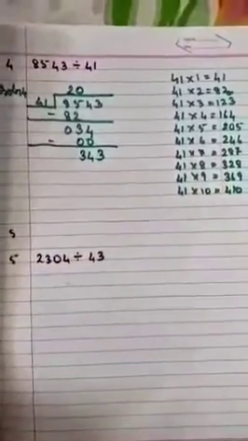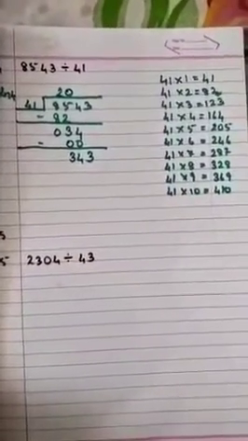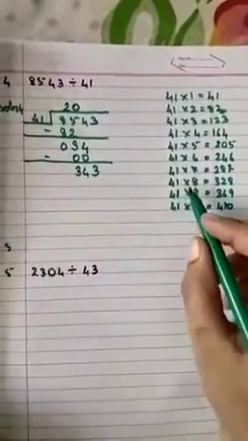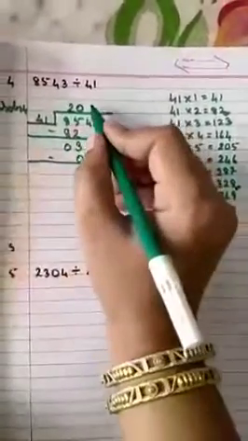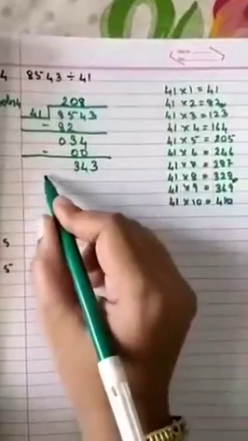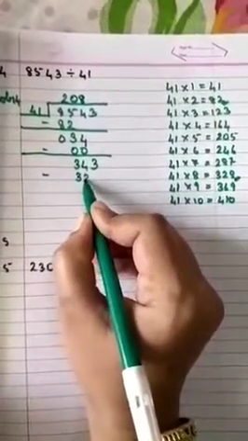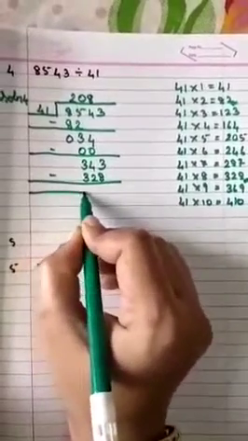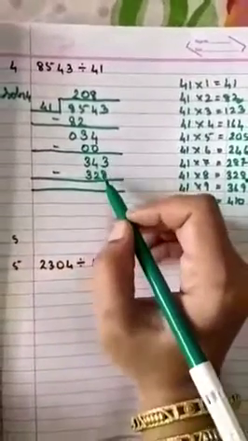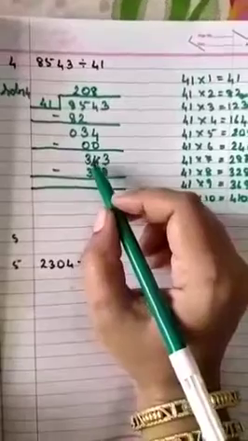So 343. Any number less than this? Yes, here it is. 41 eights are 328. So here I'll write 41 eights are 328. We cannot do the subtraction here, so we'll borrow.